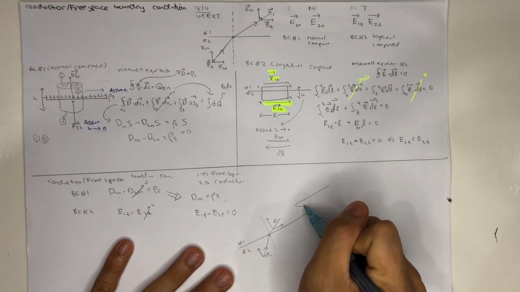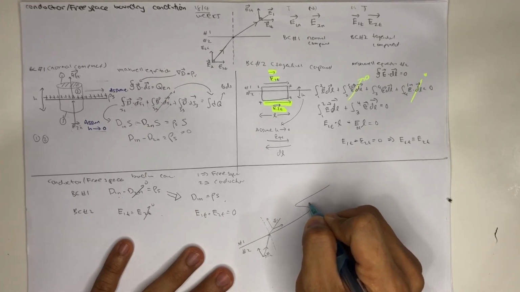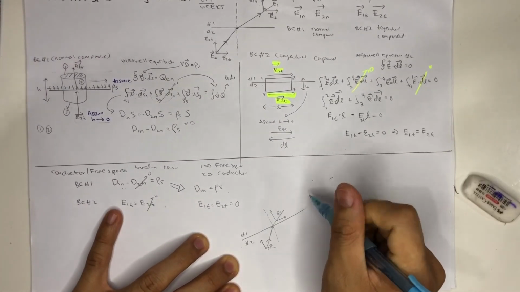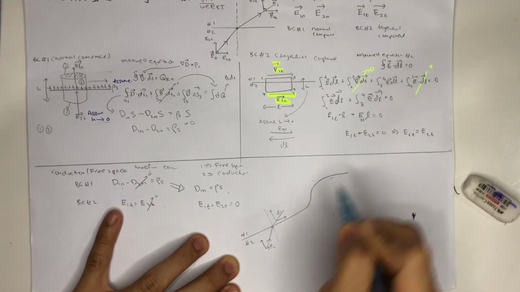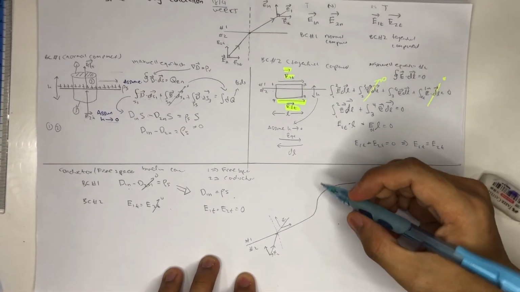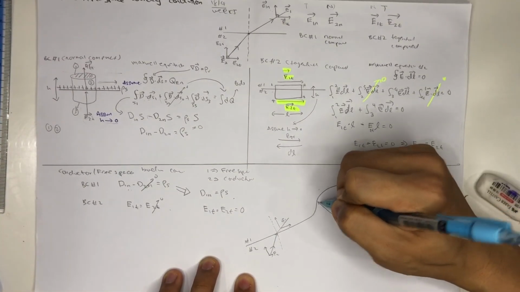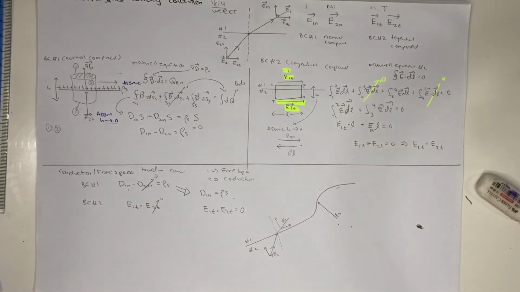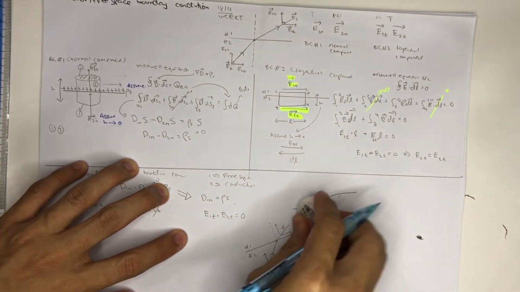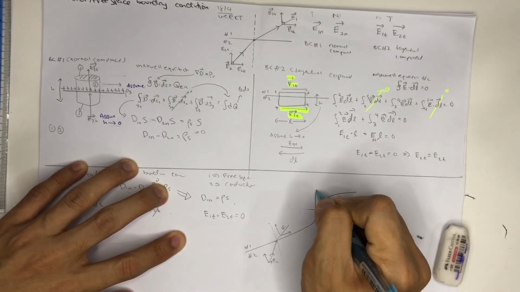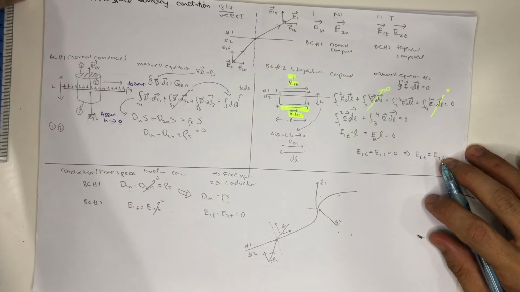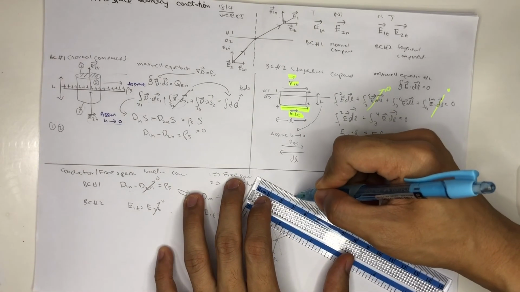Let me do it more realistically, so it's easy for me to draw. Let's say we have your E2 here, and then you have E1, for example, here. Then you first draw the normal line. The normal line is here.